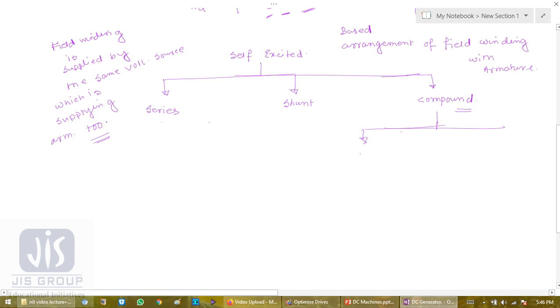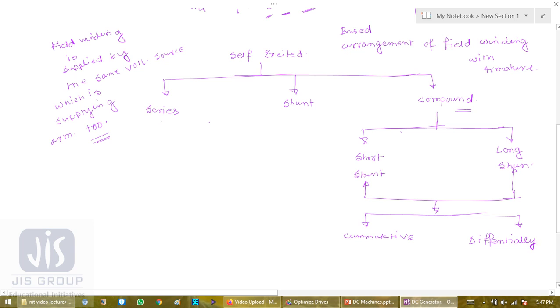One is short shunt and another one is long shunt, and these two categories, whether it is short shunt or long shunt, are again classified into two categories: cumulative compound and the other one is differentially compound.